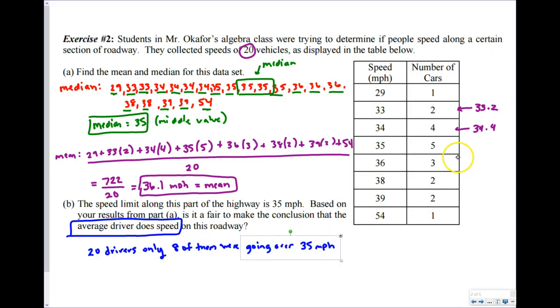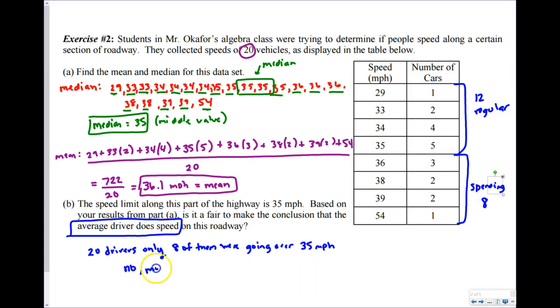So this chunk right here, these are the ones that are speeding. We have 8 of them. Whereas the ones before that here, 12 of them were following the law. They were going either 35 or below. So based on our data, we can say that no, most drivers were following the law.